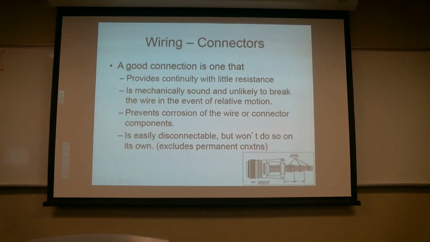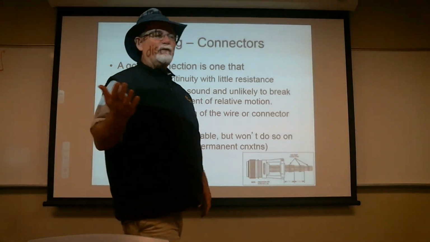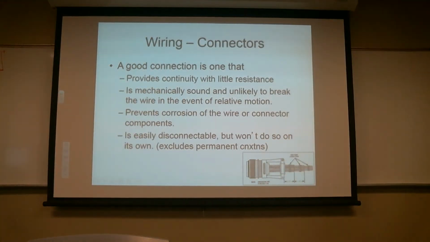So a really good connection is one that obviously provides continuity with limited resistance. Now, we know everything has resistance. We also know that we're going to take a bunch of copper and draw it out into a bunch of very thin strands of wire and twirl it all up to make wire out of it. Then we're going to take a different piece of copper and forge it into this weird connector that we then roll around. So the way it gets made is very different. So it's probably not the exact same kind of copper.